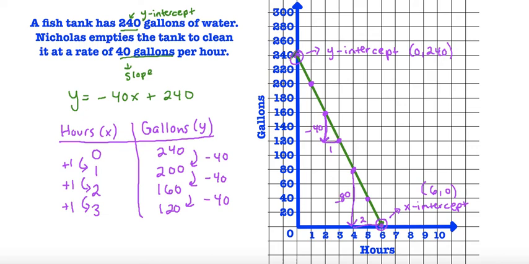So our y-intercept represented that it initially started off with 240 gallons before any time passed. And here, after 6 hours, our tank now has 0 gallons of water. Okay, so just look out for both y and x intercepts, and that's it.